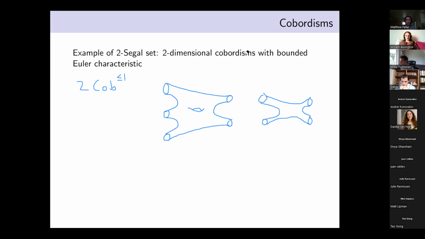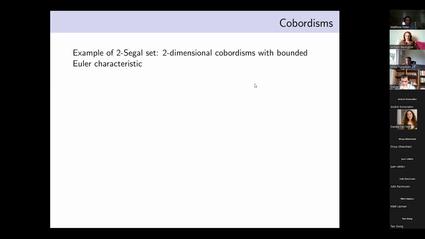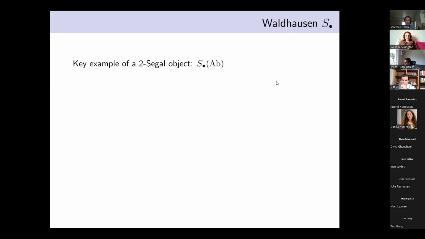Okay. So that's kind of a fun one because you can draw pictures. This next one is really important. In some ways, it's a central example of this 2-Segal theory, which is the S-dot construction.